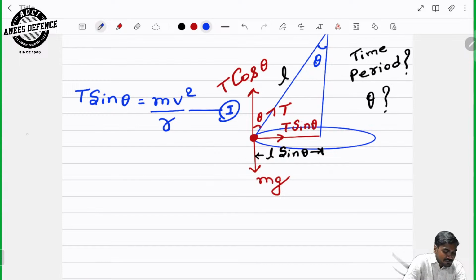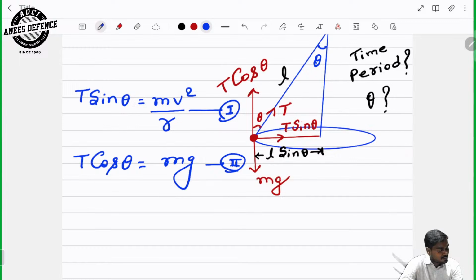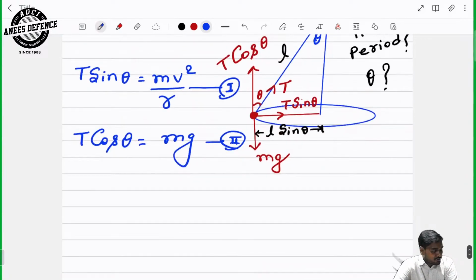The trigonometric function is written on the right-hand side, so we do not write mg is equal to T cos theta; we write T cos theta is equal to mg. This is equation number 2. So divide both equations.